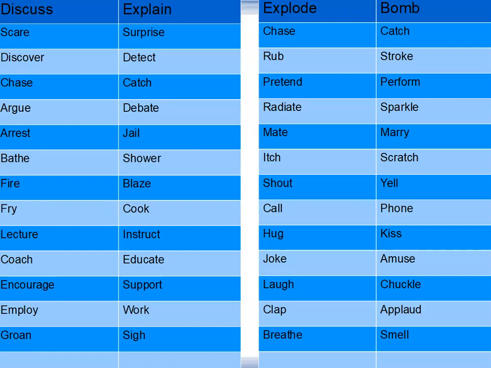Explode and bomb. How do those relate? Are they synonyms? Well, it's a little bit like employ and work. A bomb explodes. There could be something else that explodes though.